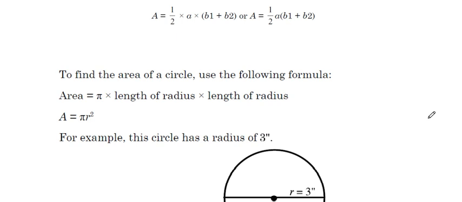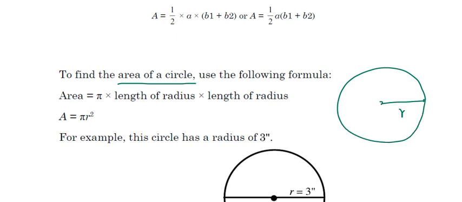And then the area for a circle. We have the formula. For the circle, suppose the radius is R. What is the area? We have the formula: pi r squared.